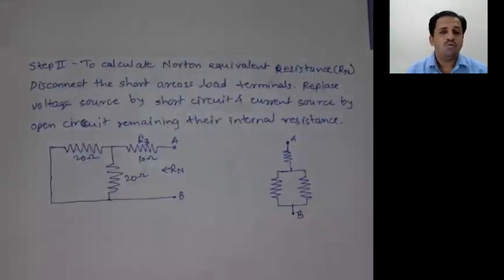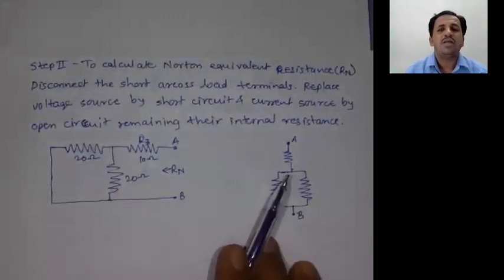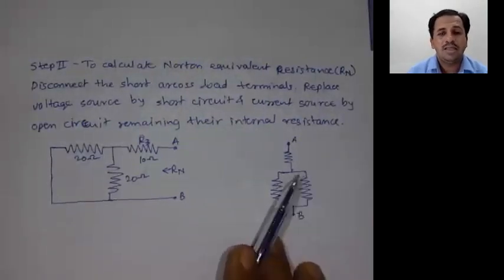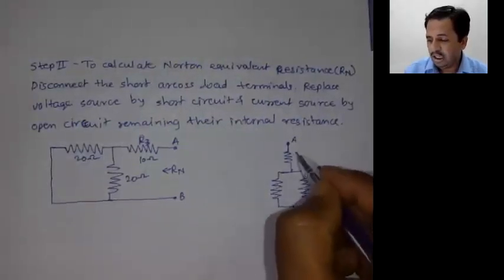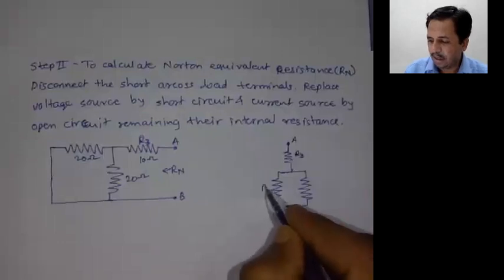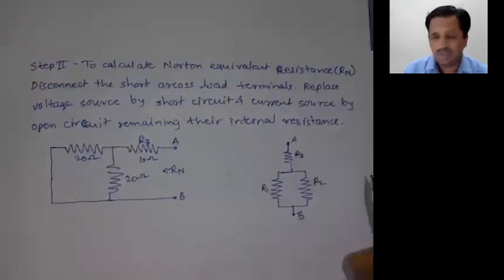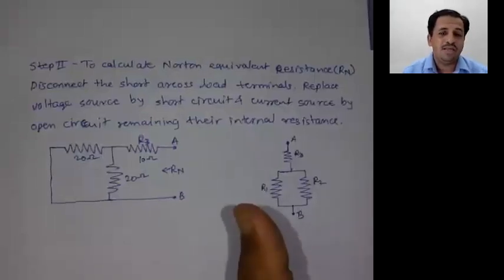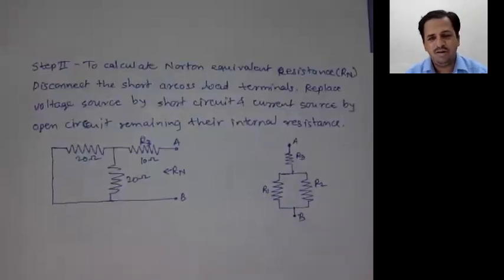Now you have to simplify the network, that is, which are the parallel combinations and which are the series combinations. Now here we have the R3 resistor, R1 resistor, R2 resistor. Now the simplification of the circuit should be very easy.